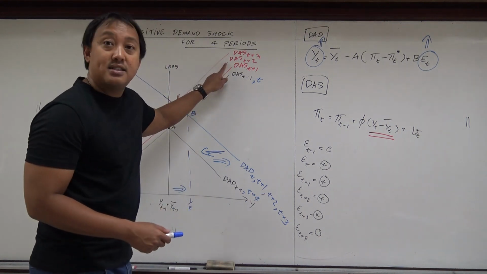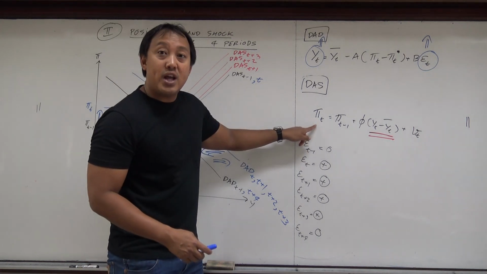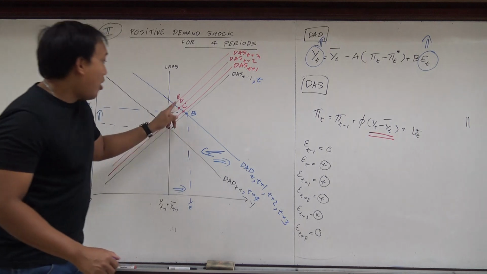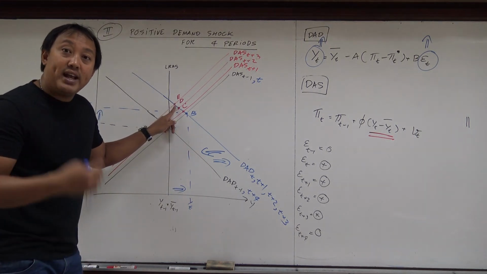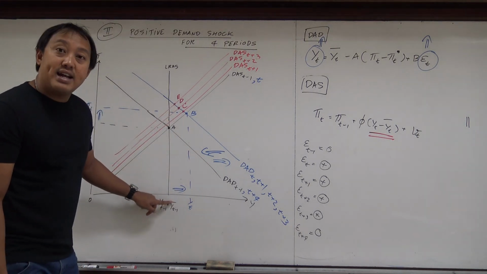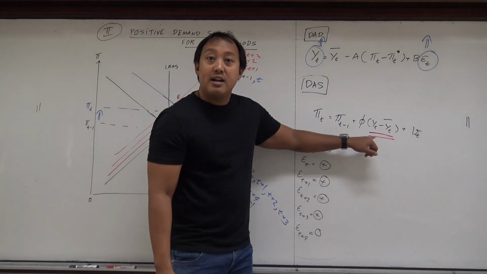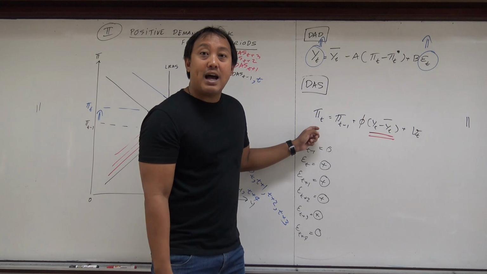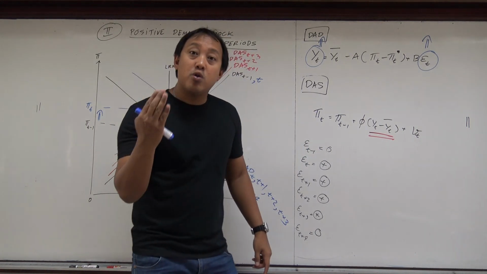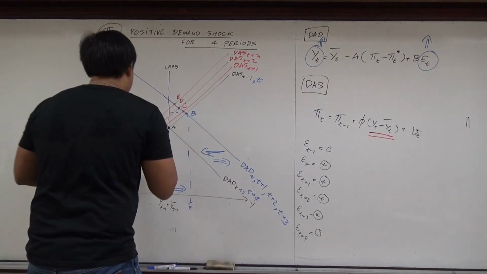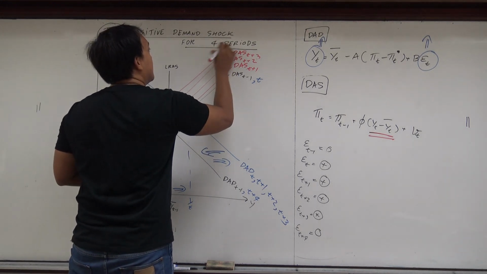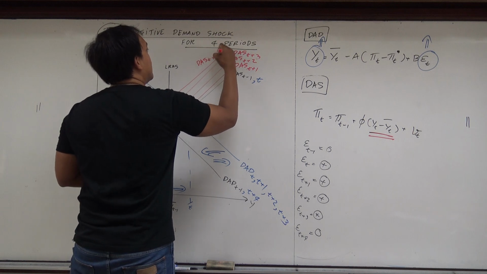However, for the DAS, inflation today depends on inflation yesterday, depends on this bracket. Yesterday at point E, Y was still higher than Y bar. So it means that this bracket is still positive. So inflation at time T plus 4 is still going up. This is DAS T plus 4.